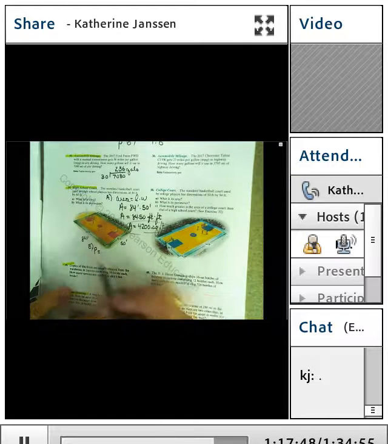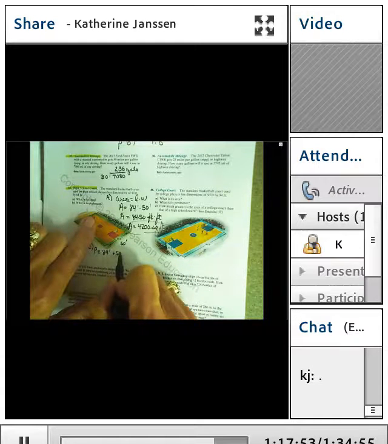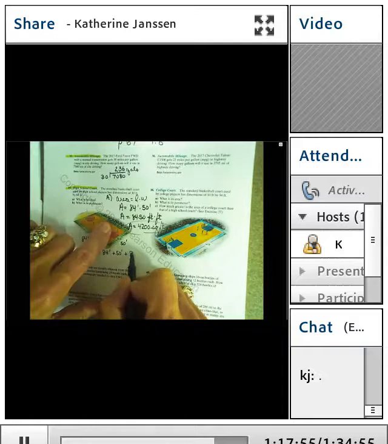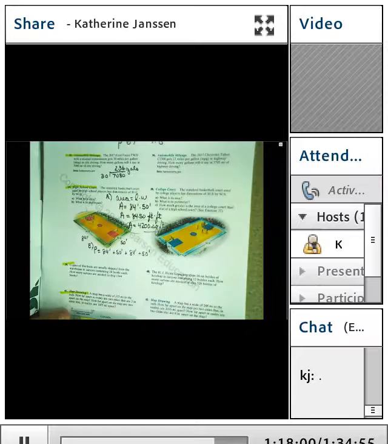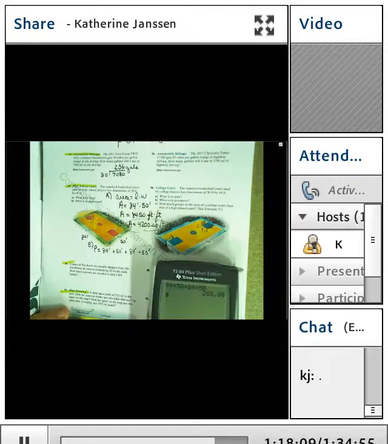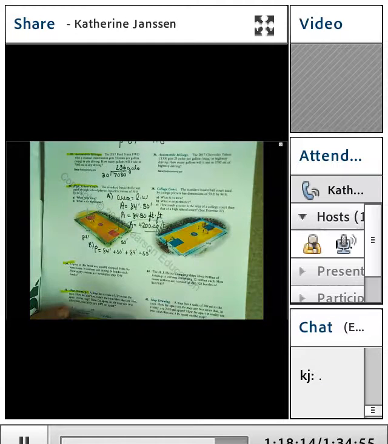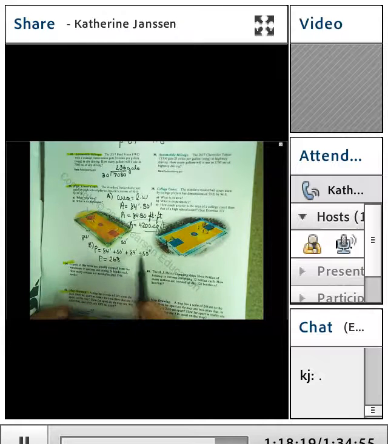So starting and being consistent, 84 feet plus 50 feet plus 84 feet plus 50 feet. 84 plus 50 plus 84 plus 50 is 268 feet. So the perimeter is equal to 268, and we're just adding feet plus feet plus more feet. So our unit of measurement is feet.